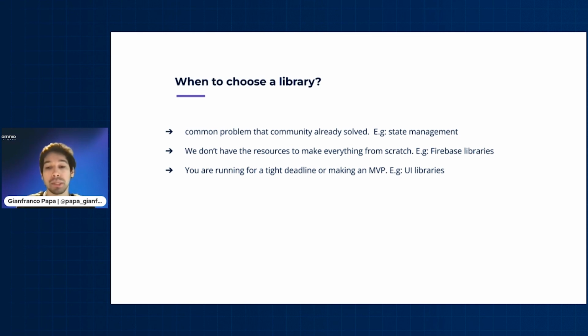This doesn't mean that in the long run we have to keep those libraries. Maybe we can remove them and start doing everything from scratch because we will have more control or flexibility. Or ideally, we can try to improve that library and hopefully continue improving it so it matches our use cases.